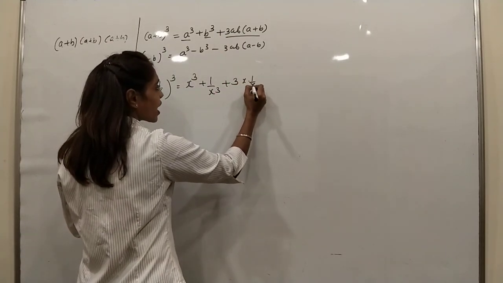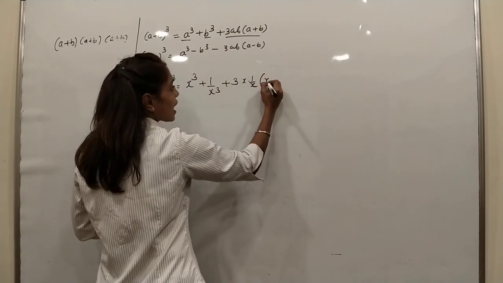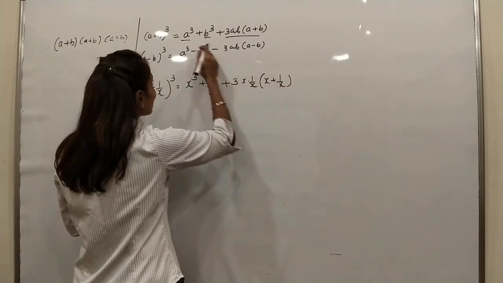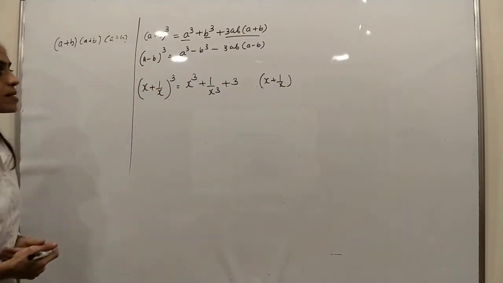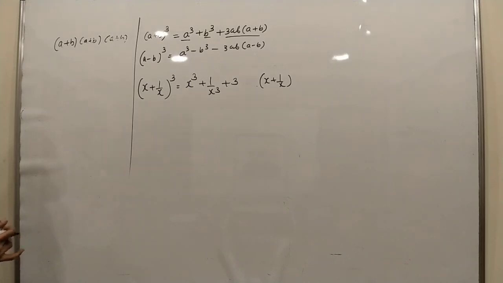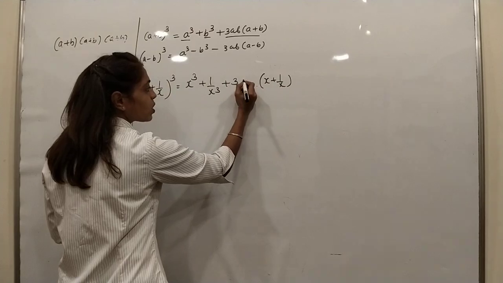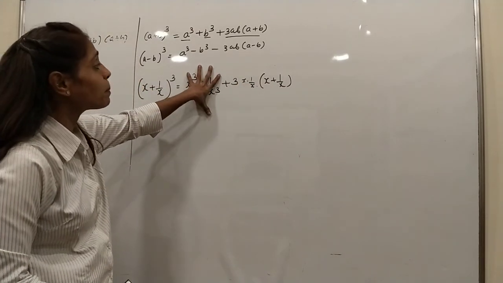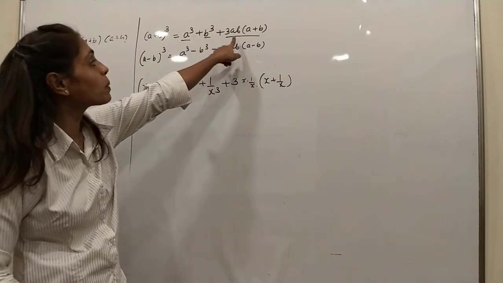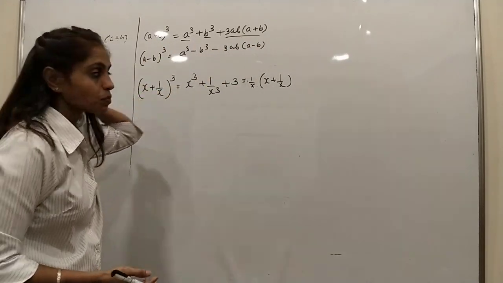A and b, so x into 1 upon x cancels, and the bracket x plus 1 upon x remains. So the formula is x cube plus 1 upon x cube plus 3 in the bracket x plus 1 upon x, because x into 1 upon x is cancelled. If you cannot remember this formula, then remember the main formula and substitute the values one by one.